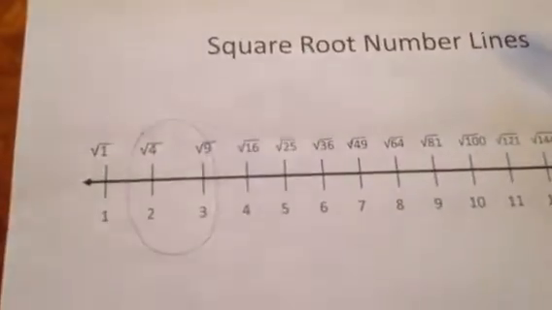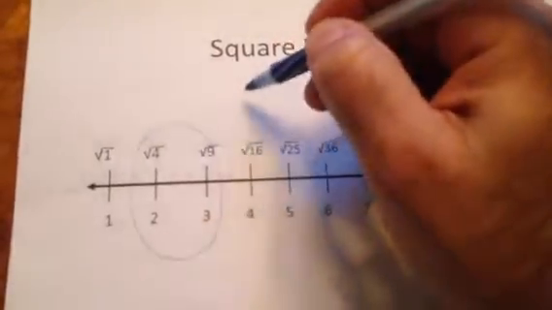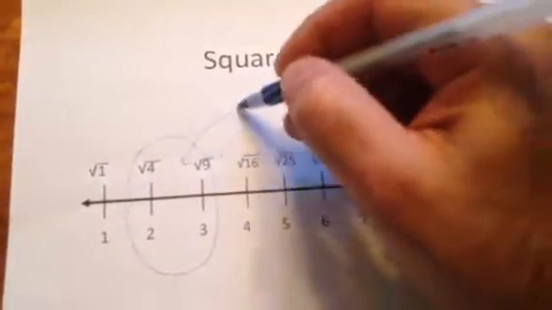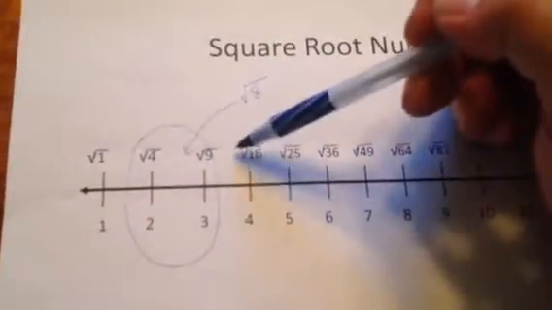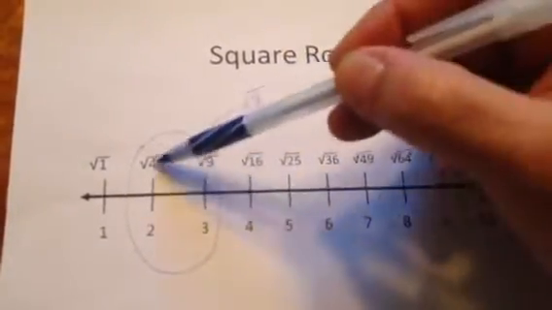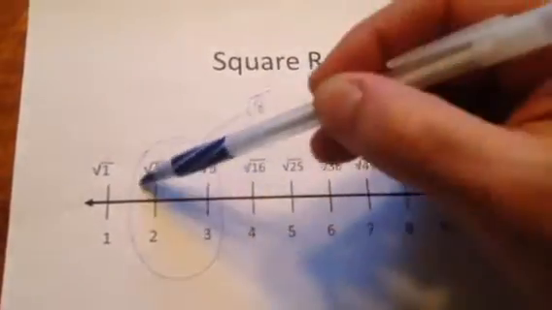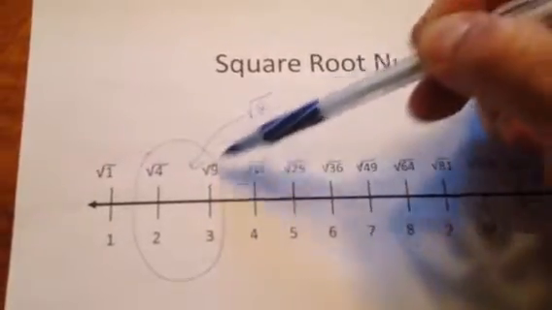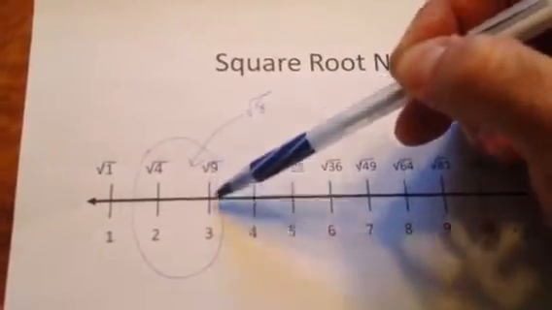So it's in here, right? Square root of 8 is much closer to the square root of 9, because from 8 to 4, it's about 4 away, but it's only 1 away from 9. So it's very close to 3.